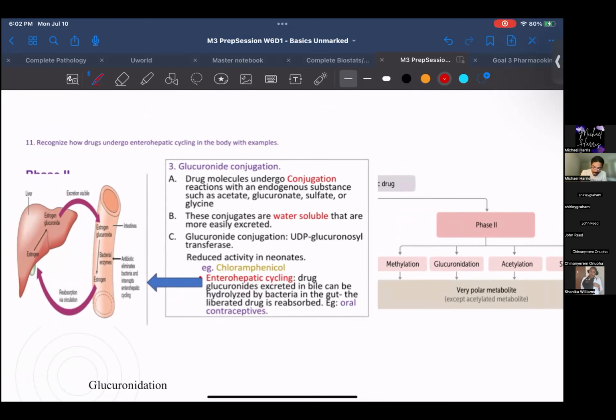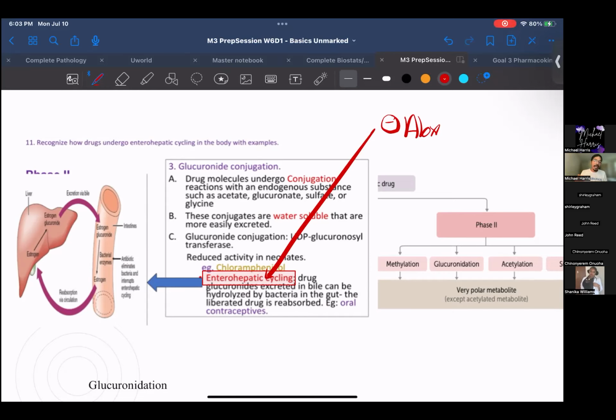So these are drugs that end up undergoing enterohepatic cycling. Okay? So this is why certain drugs you cannot take with antibiotics, or they say if you take antibiotics it affects how well the drug works.